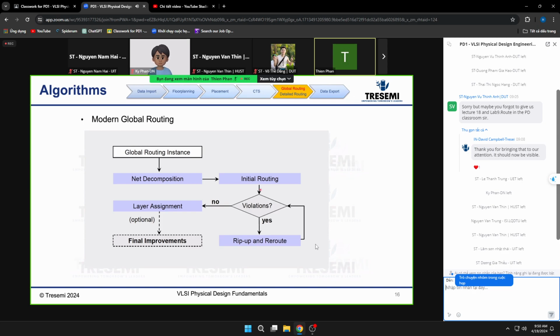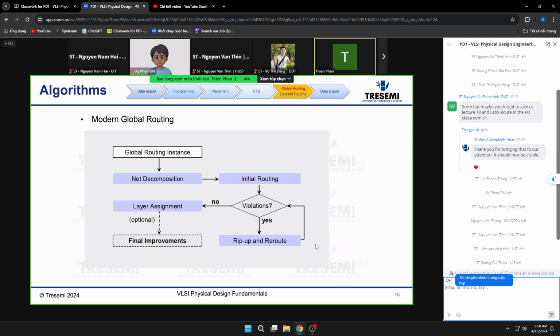And of course, the difference here is different tools, different settings are going to come in here. Not all the initial routing is going to be the same. We look at so many different algorithms for how to route a certain net.